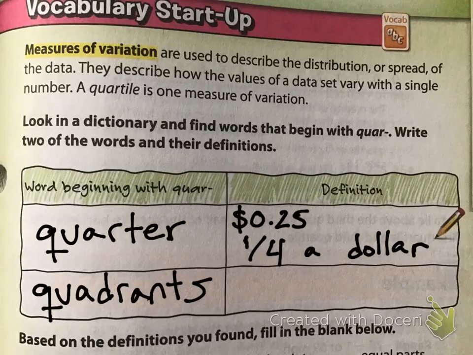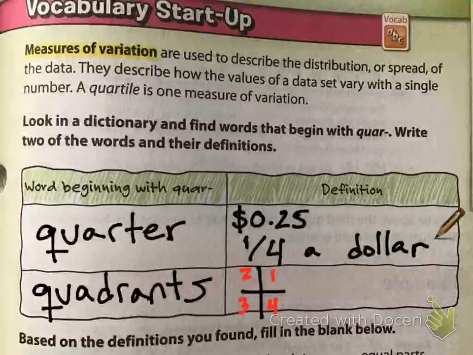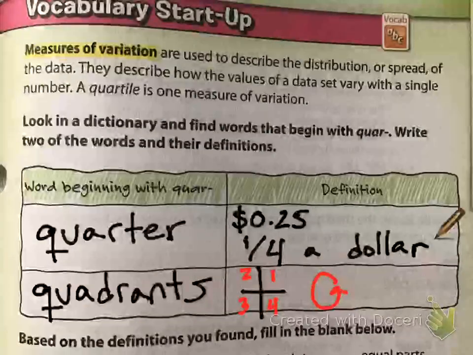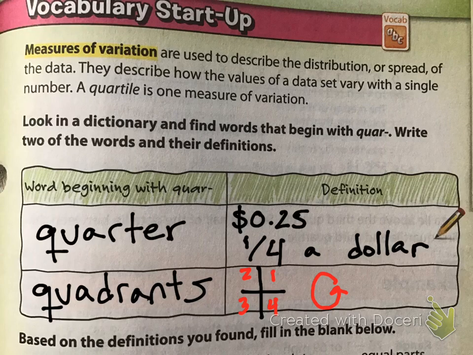So, quadrants. Remember when we were learning about graphing, and we learned that a graph had 4 quadrants, right? So on a graph, we had quadrant 1, 2, 3, 4. I know it was a bit weird that it went counterclockwise. However, we know that it split the graph into 4 sections.